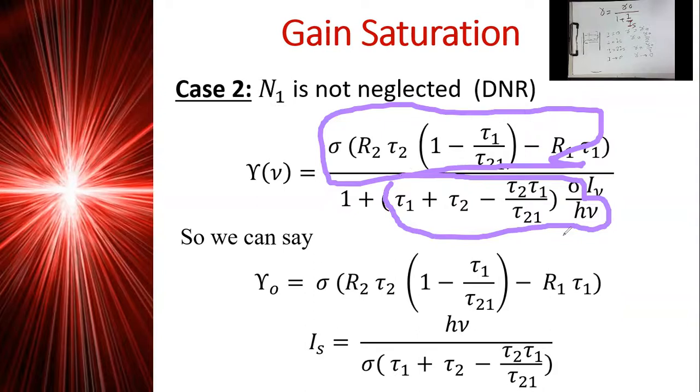So simply, it's typically the same equation. The only difference is that the definitions for gamma node and IS become more complicated, but still the saturation condition occurs for gamma. For higher intensity, lower gain coefficient. That means that this concept is sustained regardless of the assumptions.